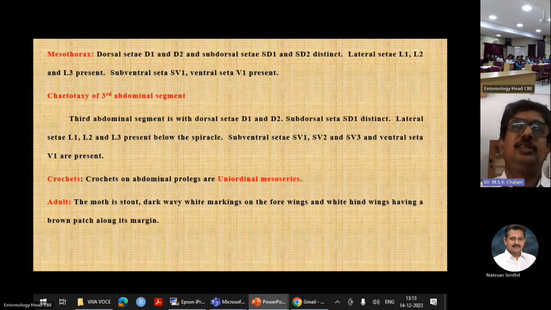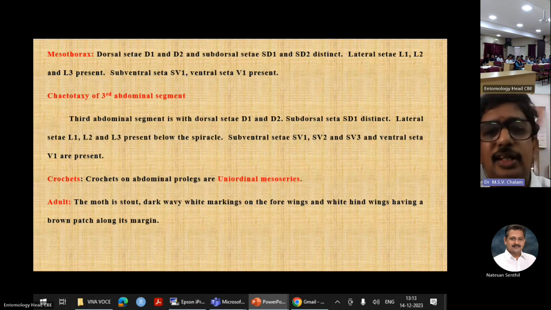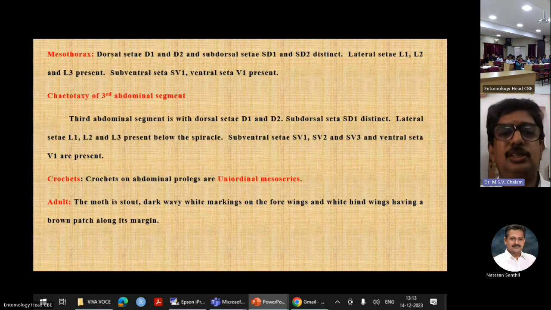To prevent this, we leave the first and second abdominal segments. Here also you see the positions of the dorsal seta, subdorsal seta, lateral seta, and ventral seta. Like that, we describe the chaetotaxy of the thorax and abdominal segments, and we describe the arrangement of crotchets.